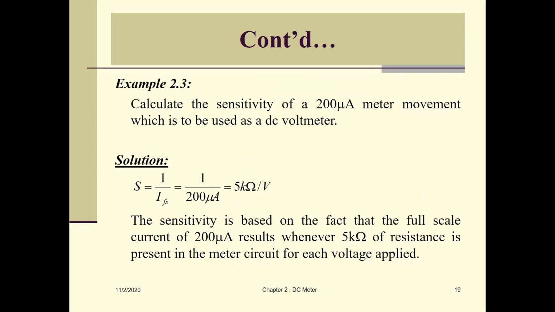Let's go for the example, example 2.3. Calculate the sensitivity of a 200 microamp meter movement, which is to be used as the DC voltmeter. First you have to calculate the sensitivity. The formula is 1 over full scale current.